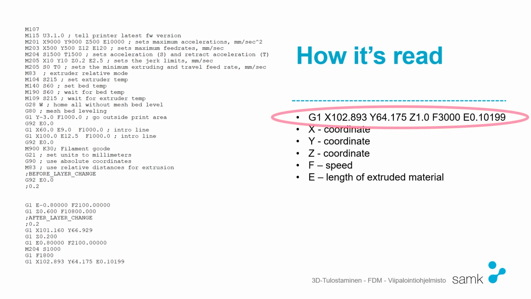So what does this mean? It means G1 X, go to the X position 102, Y64 means go to the Y coordinate 64, and Z go to the coordinate 1 millimeter above the build plate. And F determines the speed of the printer that it goes at that coordinate, and E tells the length of the extruded material.